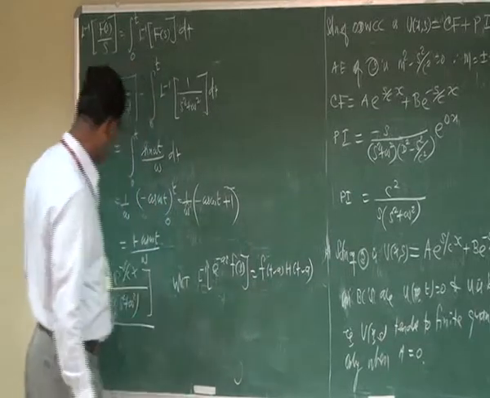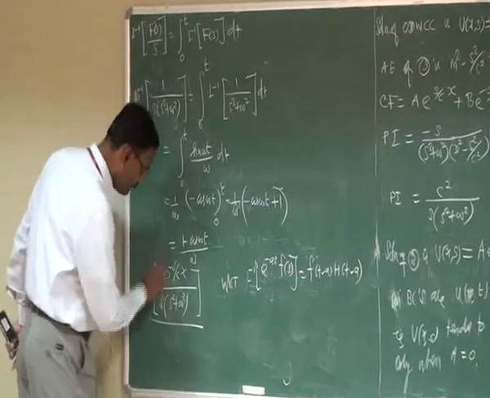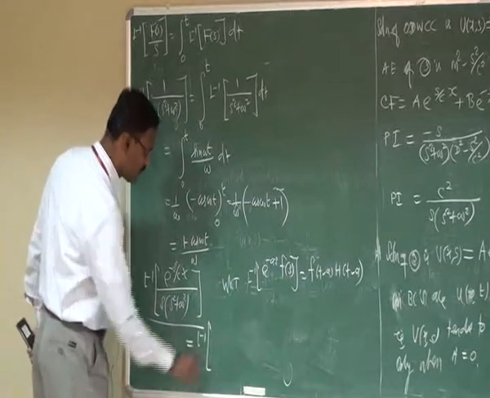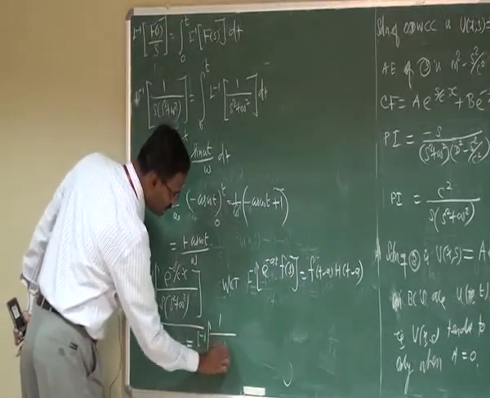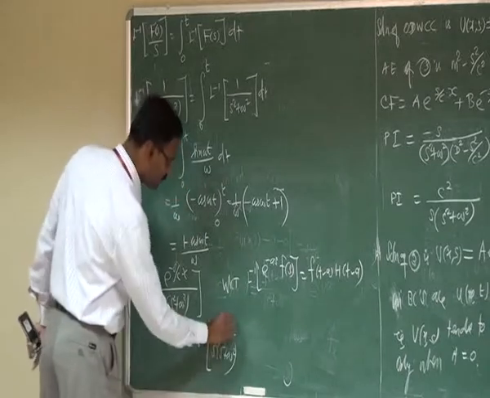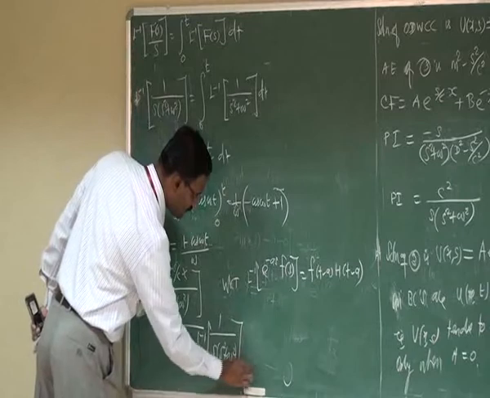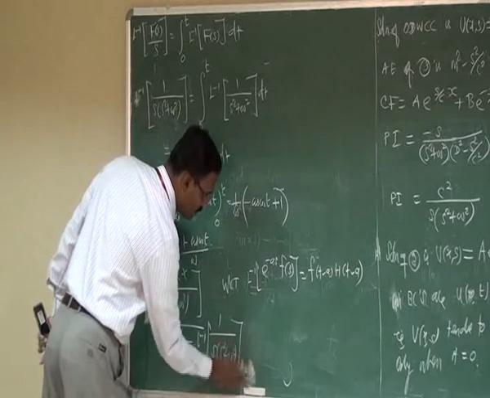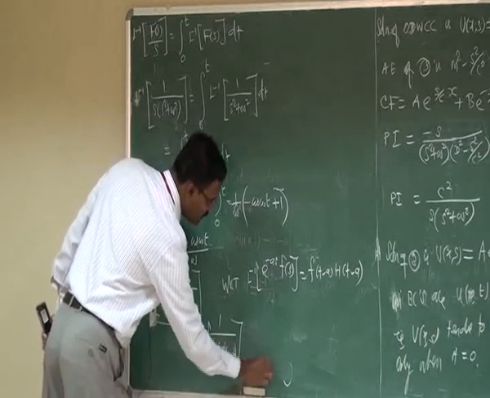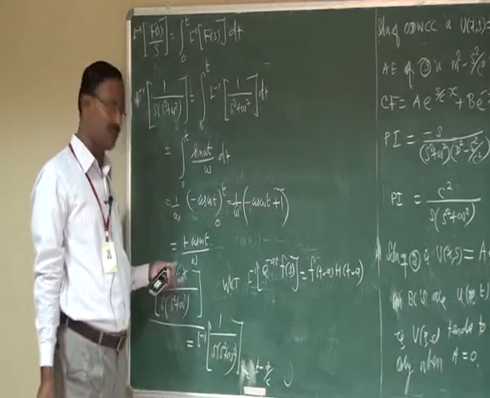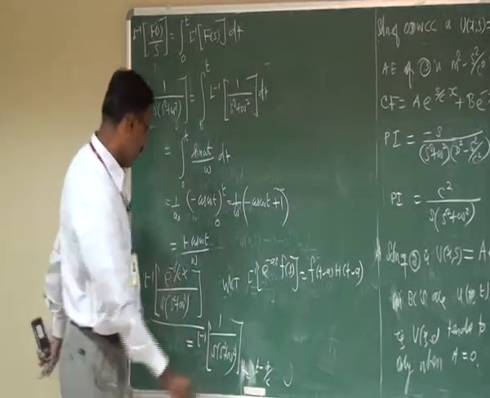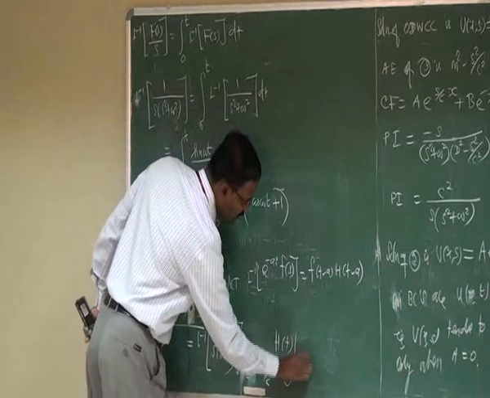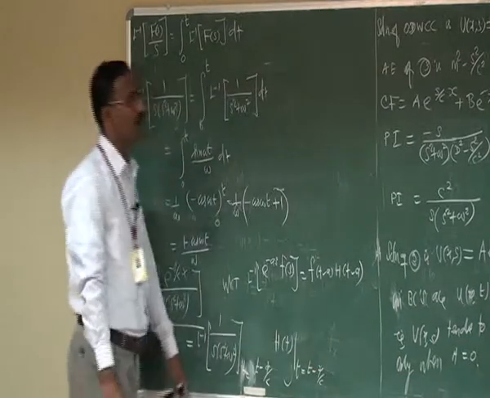and in h of t, replace t by t minus a. So as per that result, the inverse Laplace transform of this function is equal to the inverse Laplace transform of 1 by s into s square plus omega square, in which you replace t by t minus x by c, because if you exclude s, here we have x by c, and in h of t replace t by t minus x by c.